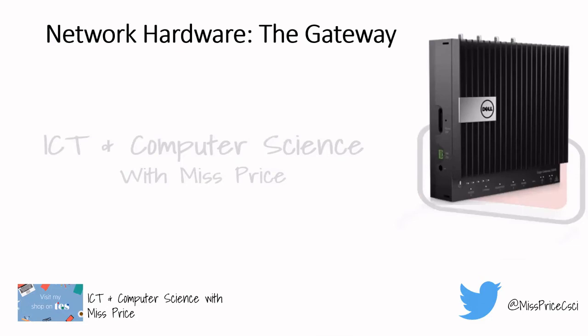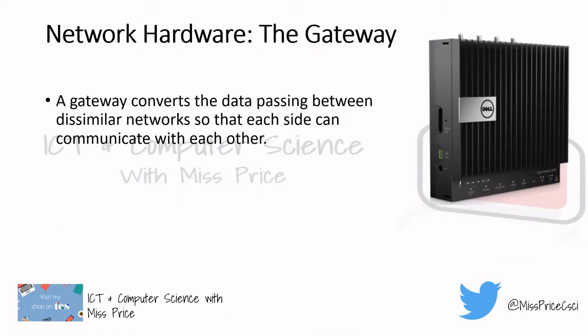Then we've got the other network hardware, which is a gateway. A gateway can also be software. What the gateway does is it converts the data passing between dissimilar networks so that each side can communicate with each other.